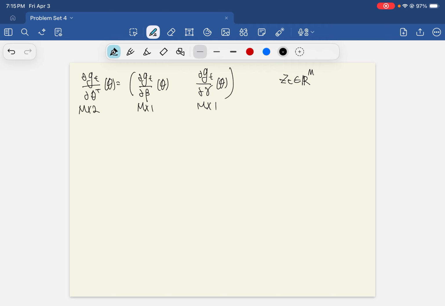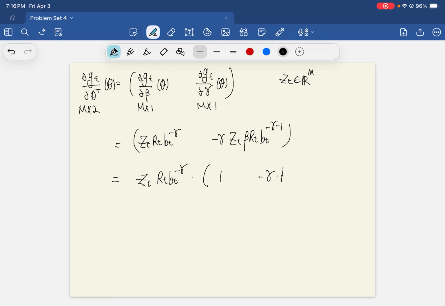So there are 2 columns. That means you may just copy what we did. So z_t R_t B_t to the minus gamma, the first one, and minus gamma times z_t beta R_t B_t to the minus gamma minus 1. Or if you want to factor them out, you may put it this way: z_t and R_t B_t to the minus gamma come together, and we are going to multiply by the row 1 and minus gamma times B_t to the minus 1.